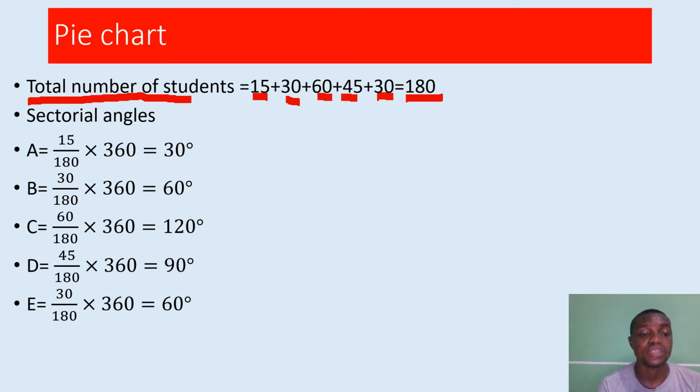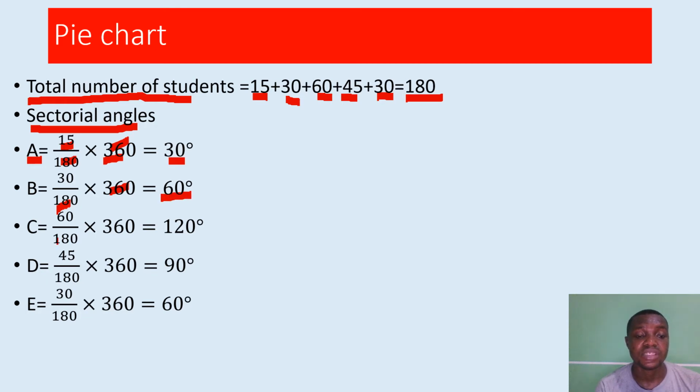So what you need to do is find the sectorial angles. A is having 15, so it will be 15 over 180 times 360. So 180 cancels into 360 to give 2. 15 times 2 is 30 degrees. You come to B, 180 cancels 360 to be 2. 2 times 30 is 60.